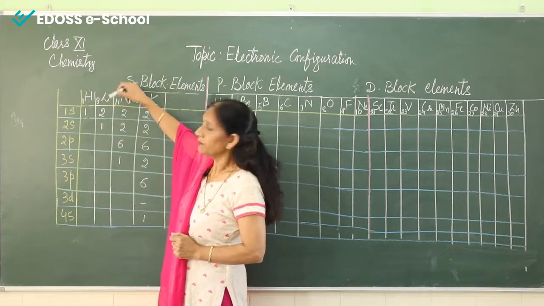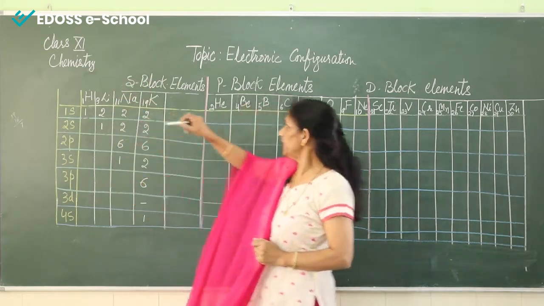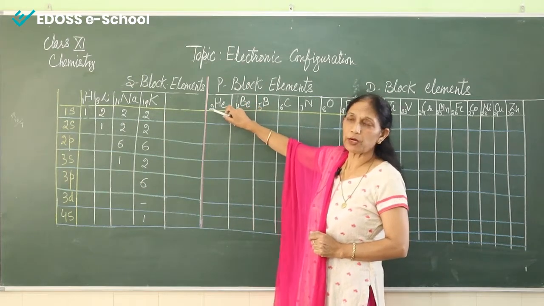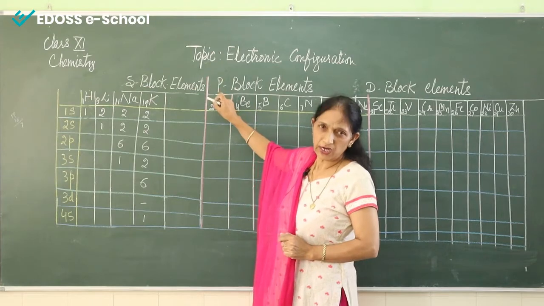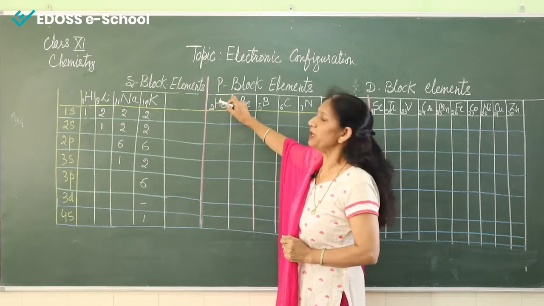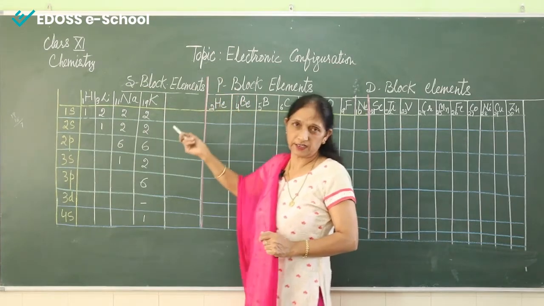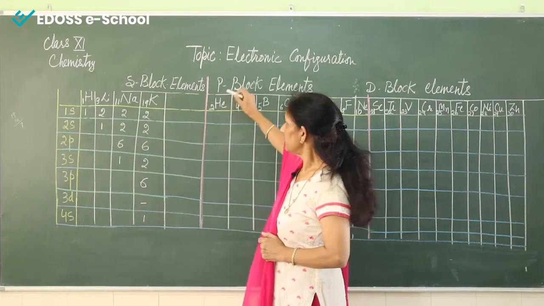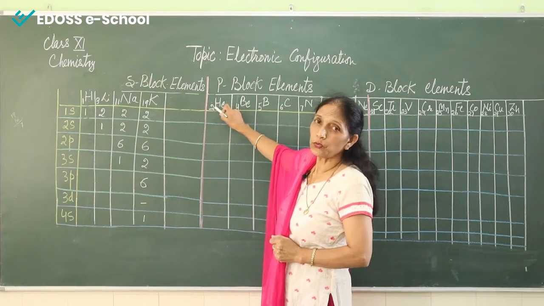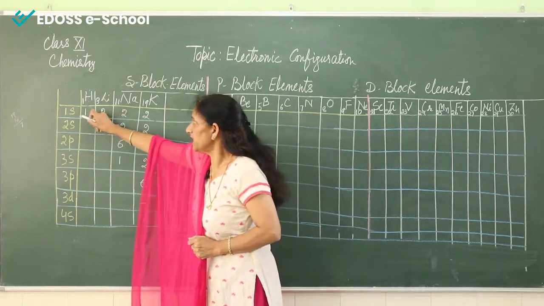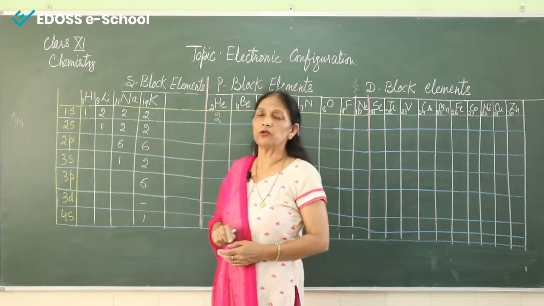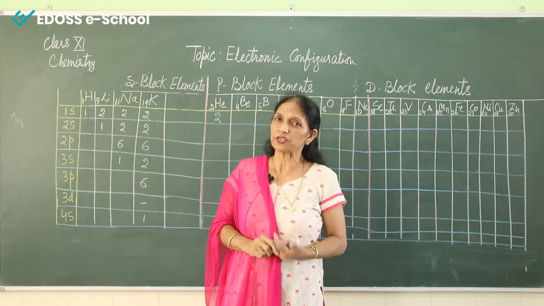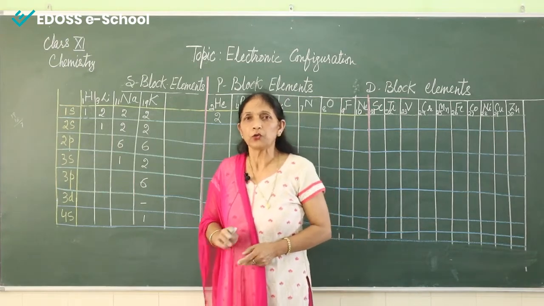Now for helium, atomic number 2. Actually it is not a P block element, it is an inert gas, but we can take it here. This 2 means again in 1s 2 electrons will be accommodated, because we know all the orbitals have the capacity to accommodate 2 electrons.